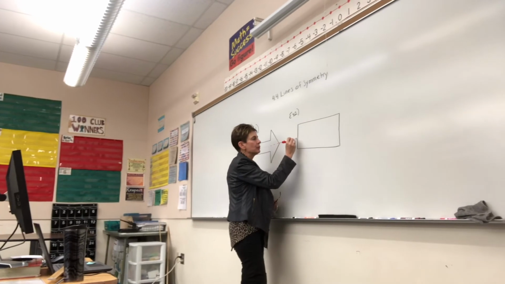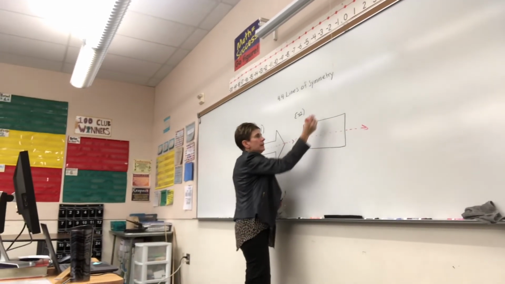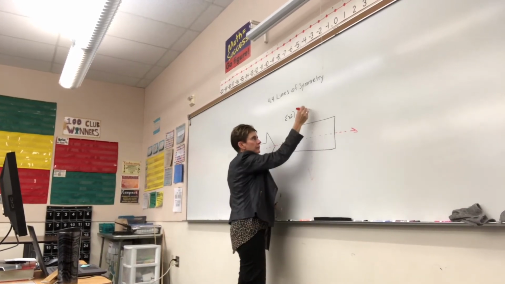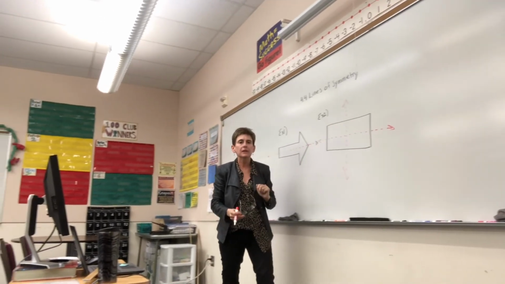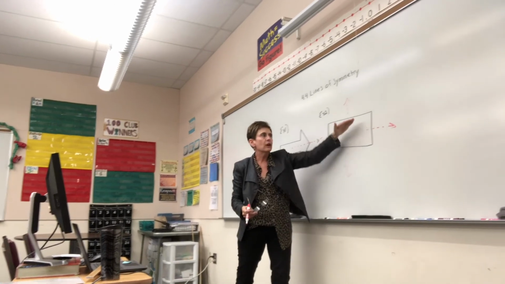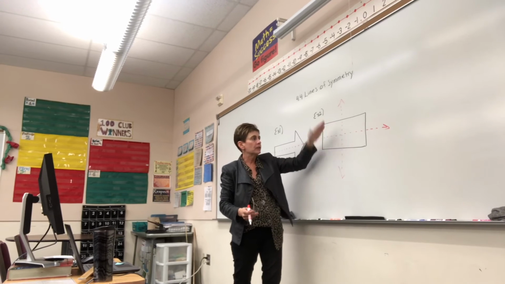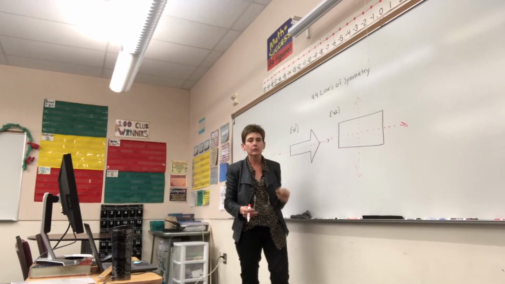One line of symmetry would be going through the middle of the rectangle this way, and then another line of symmetry would be going through the rectangle this way. It might look like we could do a line of symmetry along the diagonals, but if you cut out a rectangle on a piece of paper and tried drawing a line across the diagonal and folded the top over the right, they would not match up. This figure only has 2 lines of symmetry.